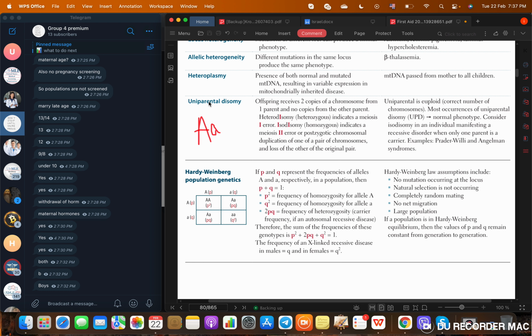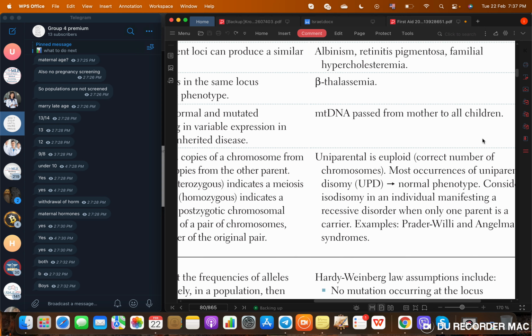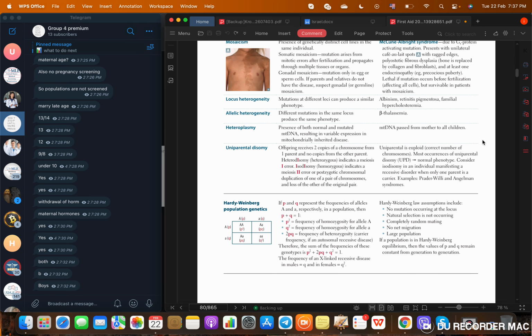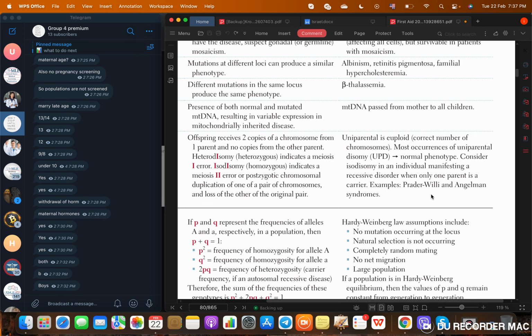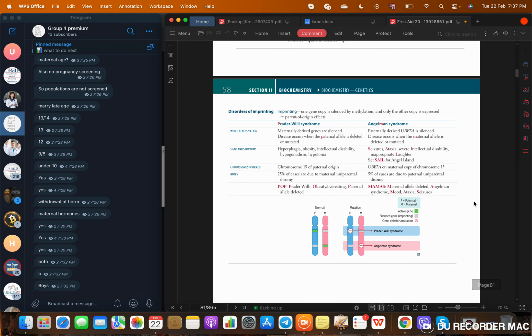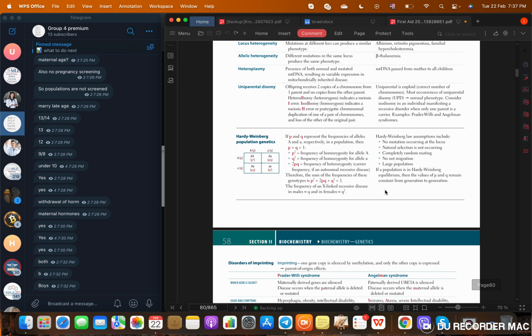However, they give you that the patient has actually symptoms. So if he does truly have the symptoms, probably the healthy gene was mutated and was silenced. So only the pathological one is alive and it's giving symptoms. Examples of uniparental disomy are Prader-Willi and Angelman syndrome, which we are going to speak about here.